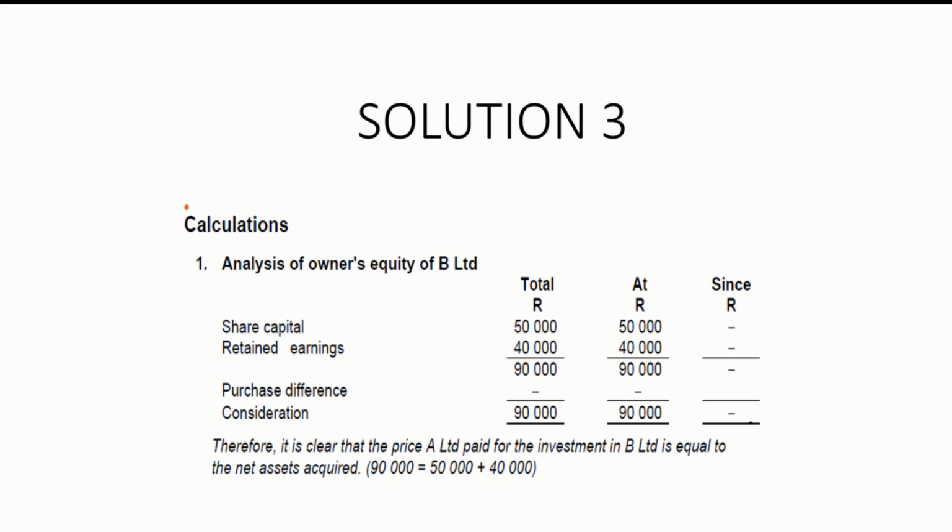There's goodwill involved. You guys are smart, eh? It's goodwill. So goodwill is the consideration over and above what the company is actually worth. So whenever you look at the financial position of a company, look at the equity.